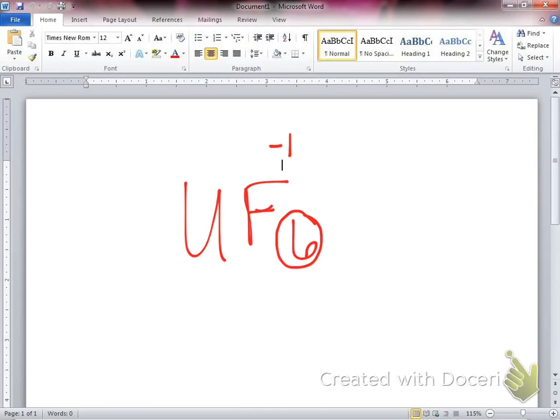I know there's 6 of those fluorine atoms. So that means overall I've got a -6 that I've got to balance here. Okay, overall, what do I want my charge of my molecule to be? Neutral. So that means I want my oxidation numbers to add up to 0. Okay, if I have a -6 here, what needs to go here?